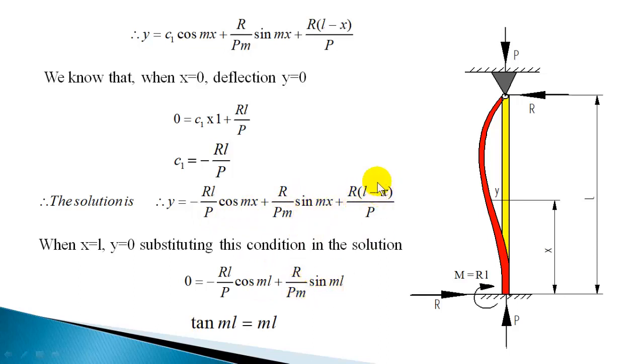When x is L, this term, L minus L, will be 0. So you get this equation. When you divide by R by P cos ml, R by P cos ml cancels, you get minus L plus tan ml by m. So tan ml by m minus L is equal to 0, or tan ml is equal to ml.